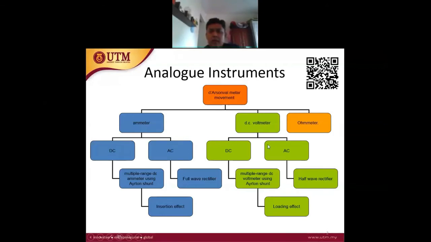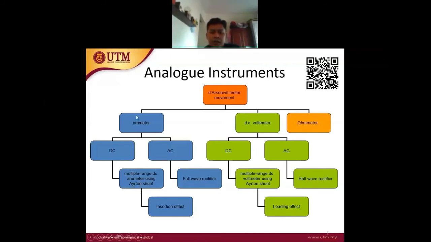As you can see, the proper method is required, for example, to use it as a DC ammeter, there's a method called multiple range DC ammeter using Ayrton shunt. So we will look into that configuration in this lesson.